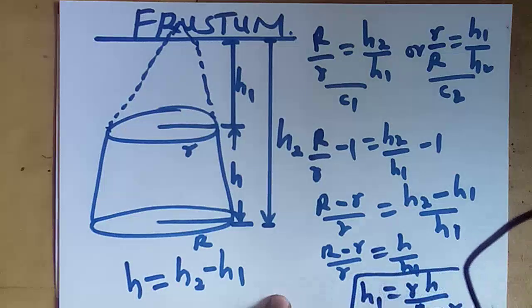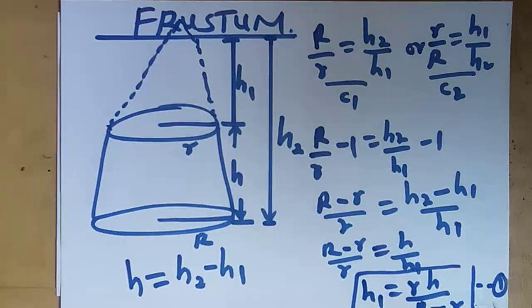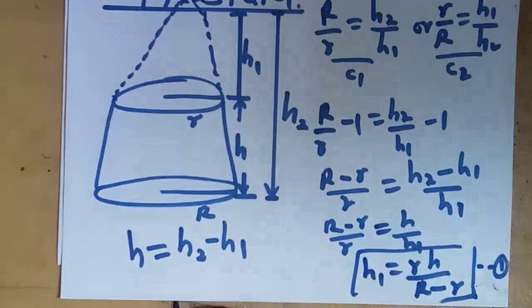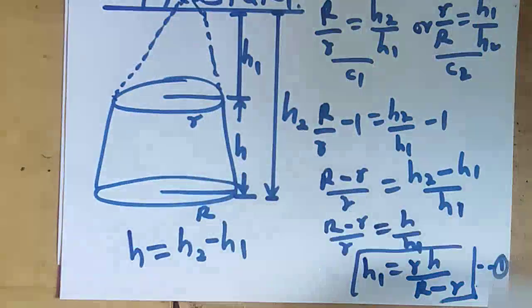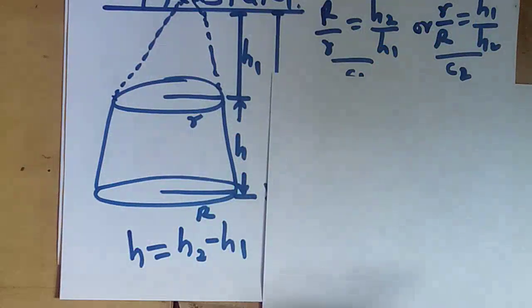I want you to master that particular relation, and I'll call it 1. We are going to use it somewhere where, for this case, our h1 is going to be as shown.